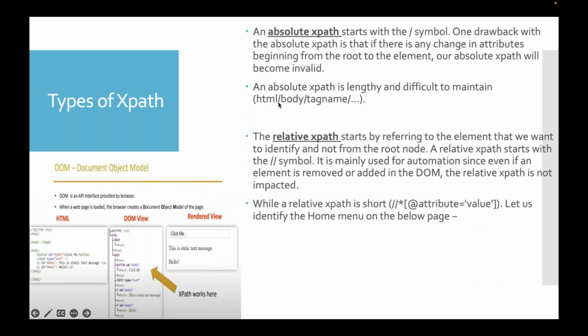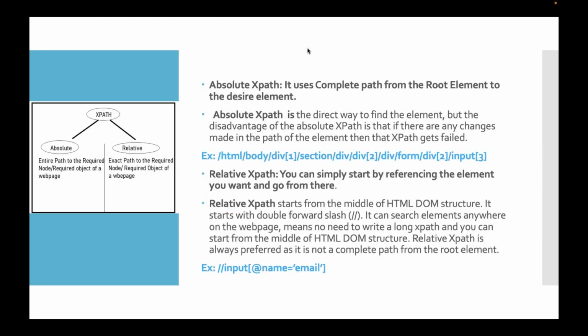HTML, body, tag name, it will come. That is the difference between absolute and relative xpath. This is the live example. Whatever I created now is a relative xpath, and whatever is above here is absolute, starting from HTML and the body. These are all called DOM elements.